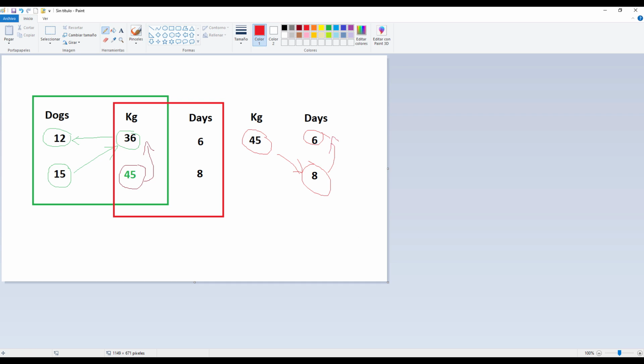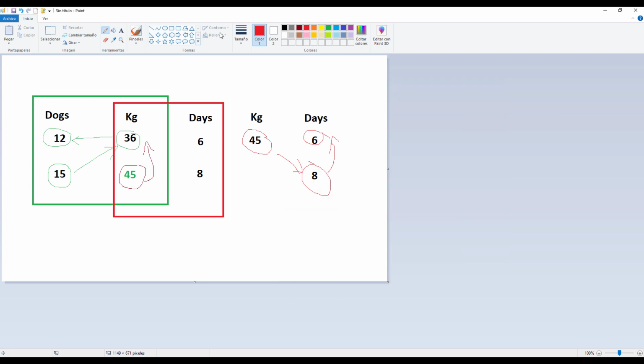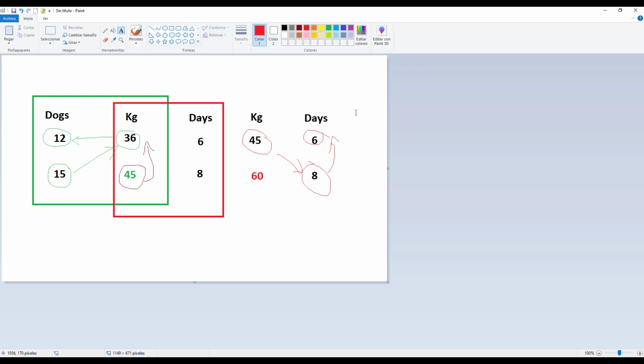So here, 45 times 8 divided by 6. The answer is 60 kilograms of food.